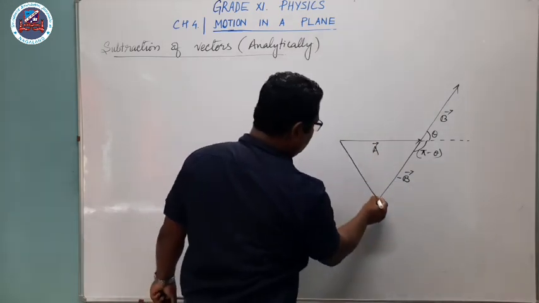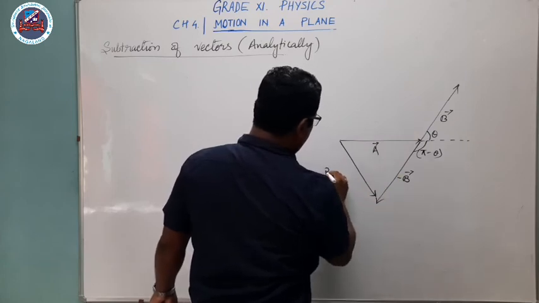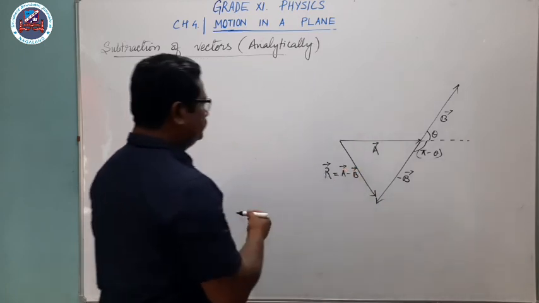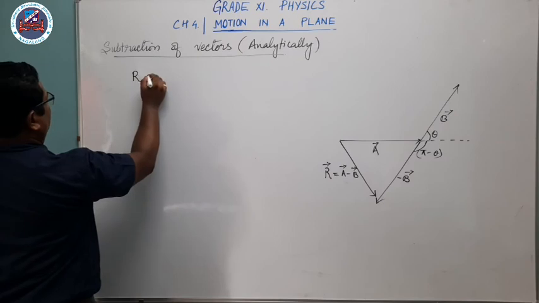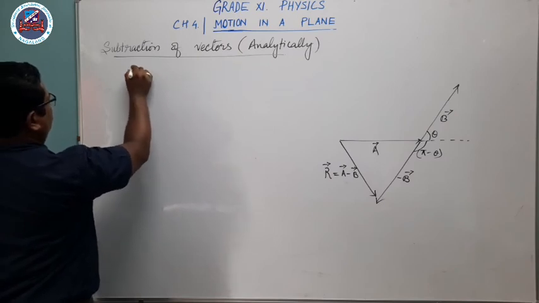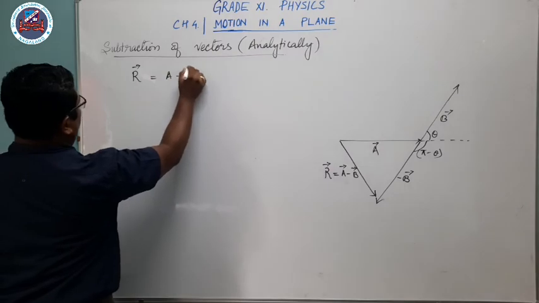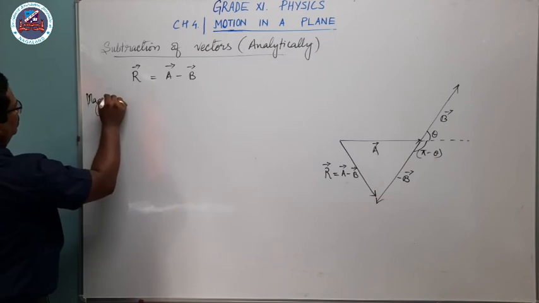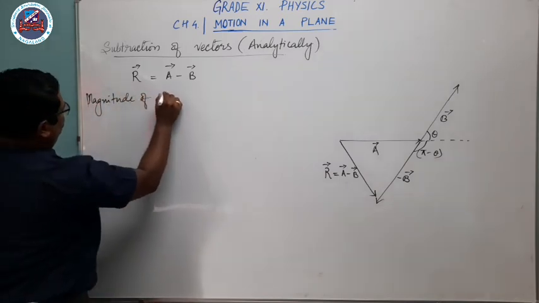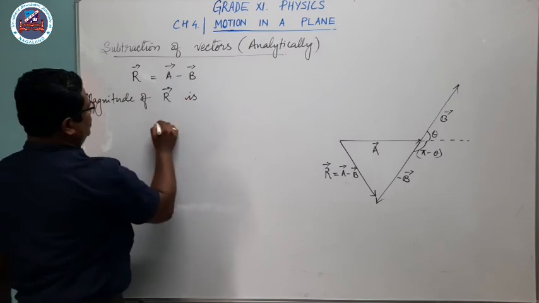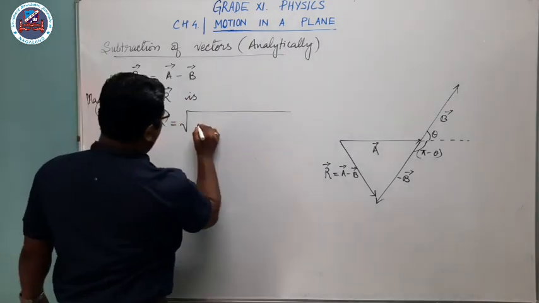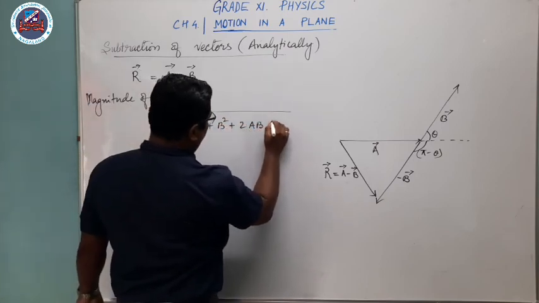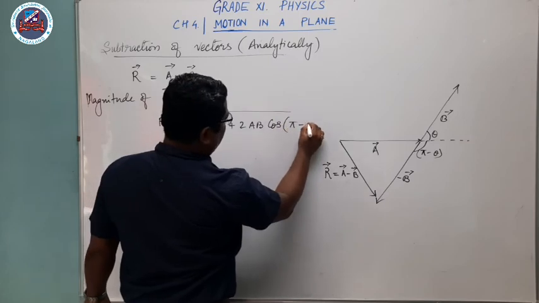So the resultant R is equal to A minus B. Analytically, the magnitude of vector R is equal to our previous formula, root over A square plus B square plus 2AB cos, here it is pi minus theta.